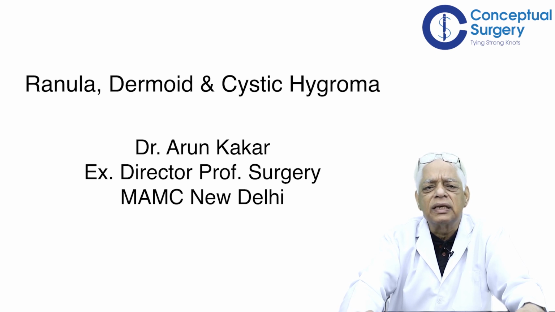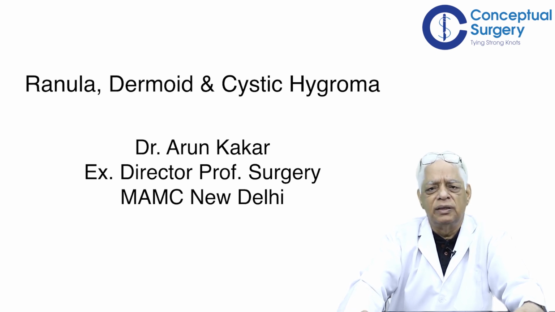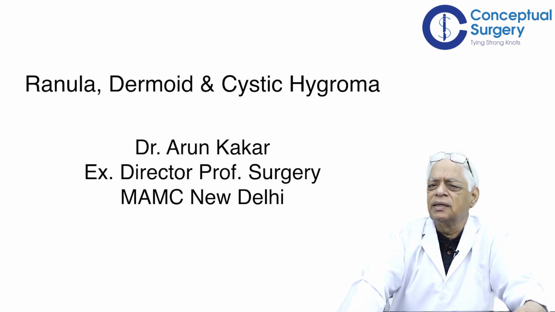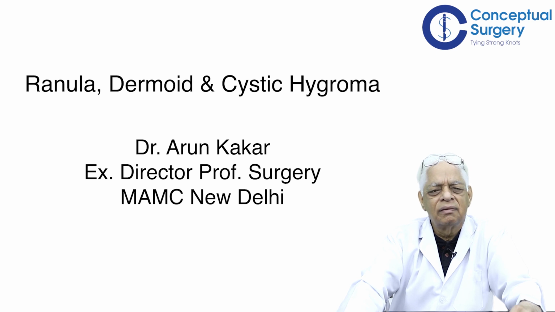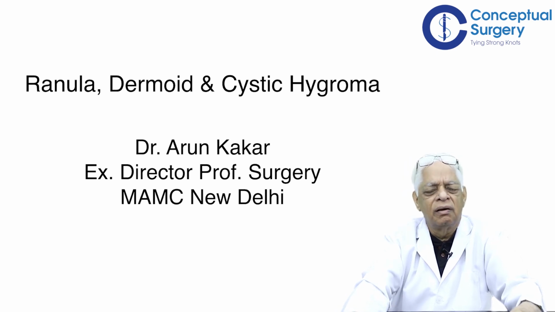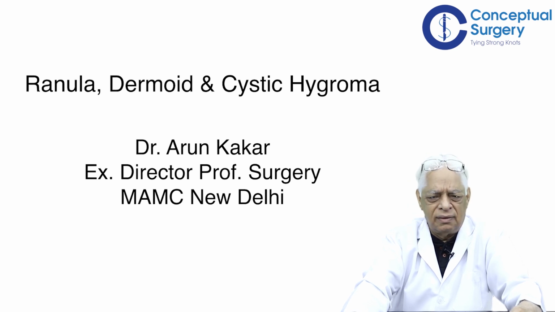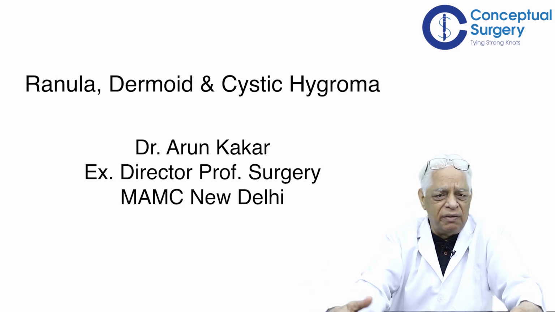And most of these cases, Ranula, Dermoid, Cystic Hygromas, manifest by the age of 12 to 15. Maybe once in a while you may get a dermoid in an adult, maybe 25 years, maybe 30 years of age.